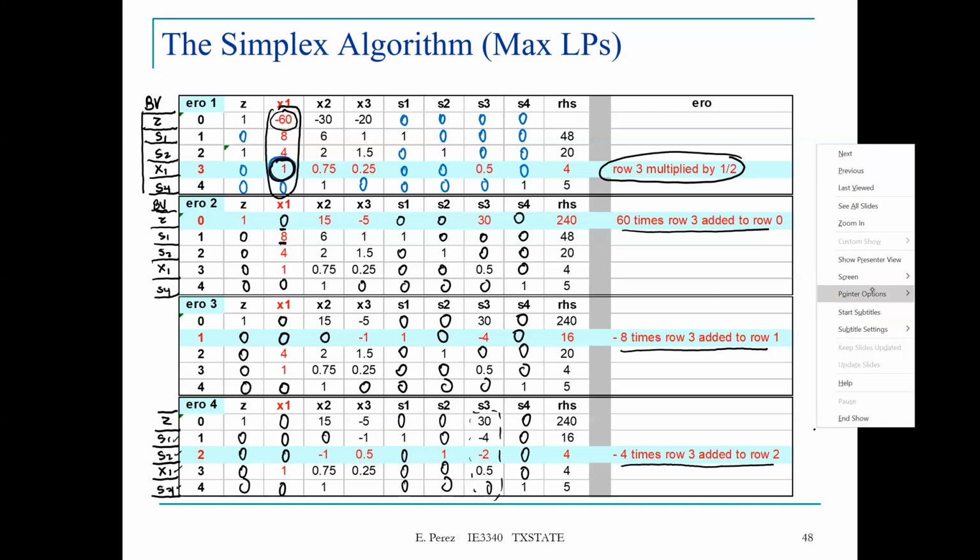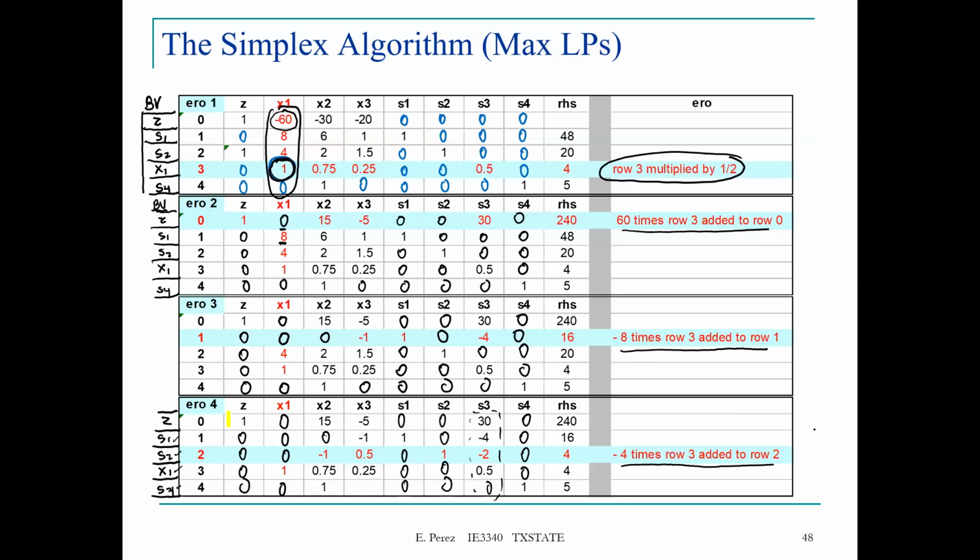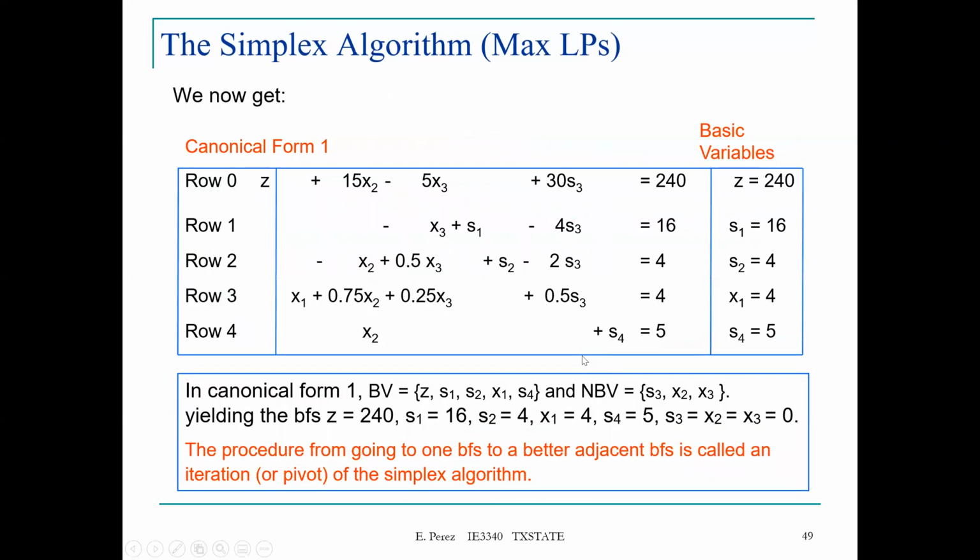So row 0 always represents the objective function. So let me use highlighter. So this is row 0 right here. Right? So if we look at this in the canonical form, this is what we have.